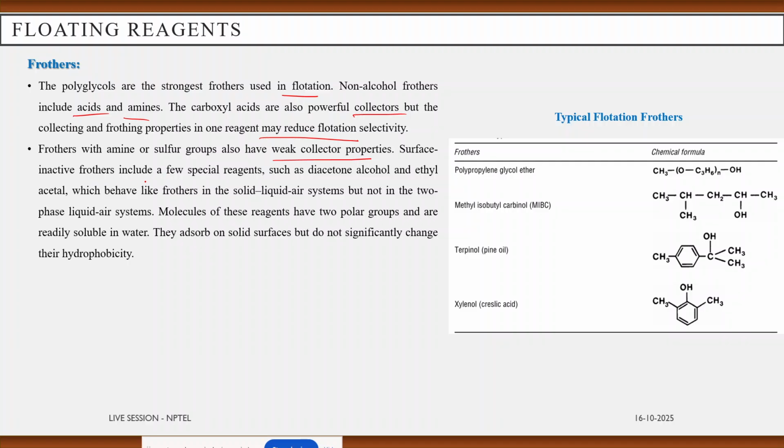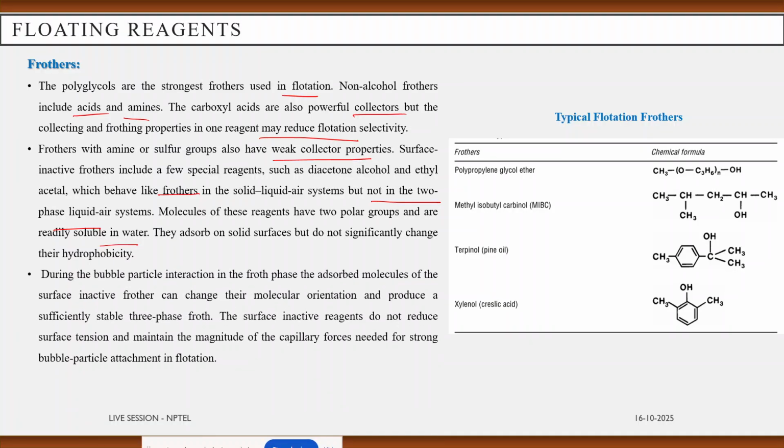Surface inactive frothers include a few special reagents such as diacetone alcohol and ethyl acetal, which behave like frothers in the solid liquid air system but not in a two-phase system like the liquid air system. So here the molecules of these reagents have two polar groups and are readily soluble in water. They adsorb onto the solid surface but do not significantly change their hydrophobicity.